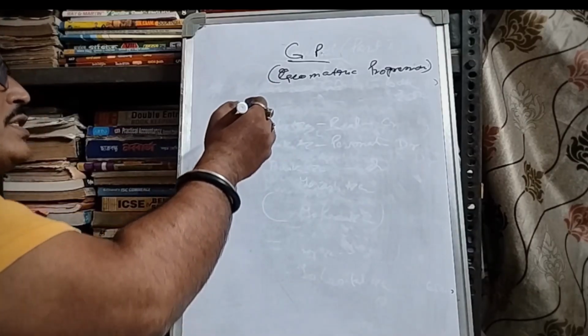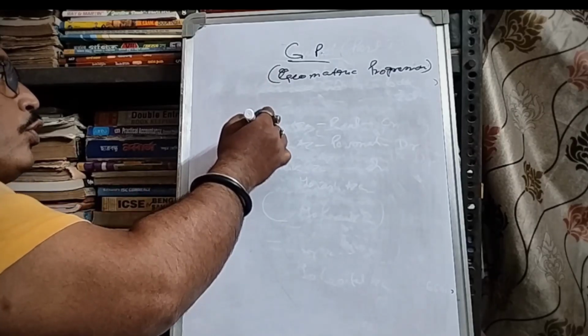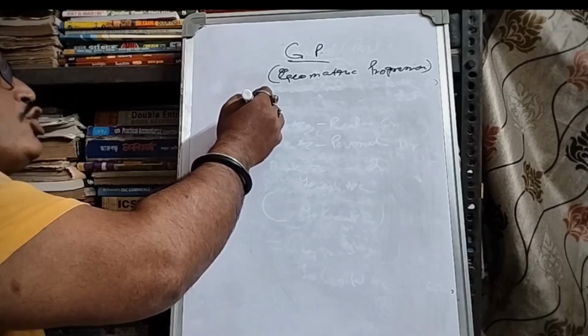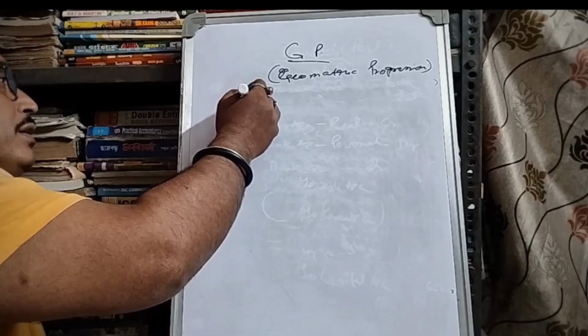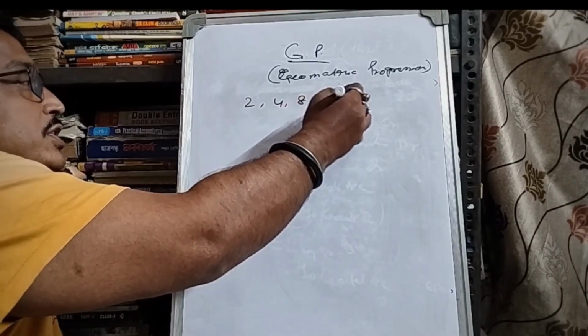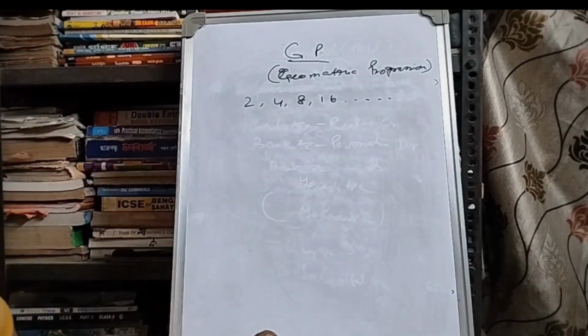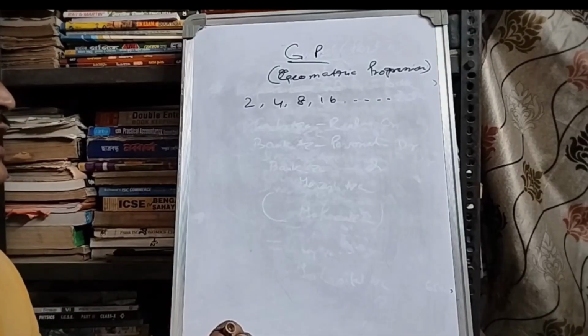Geometric progression: in this method, the value of a series increases or decreases according to multiplication or division, like 2, 4, 8, 16, dot, dot, dot. Maybe an infinite number of terms, maybe a finite number of terms.